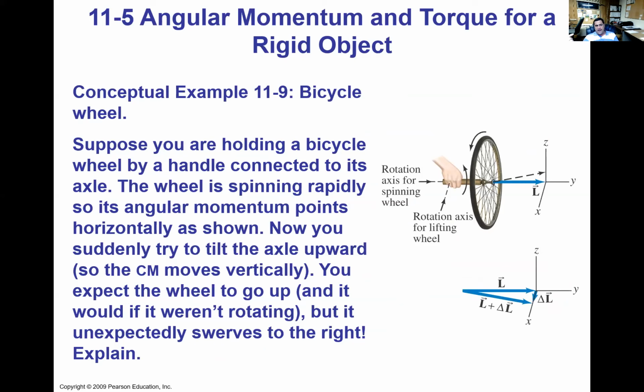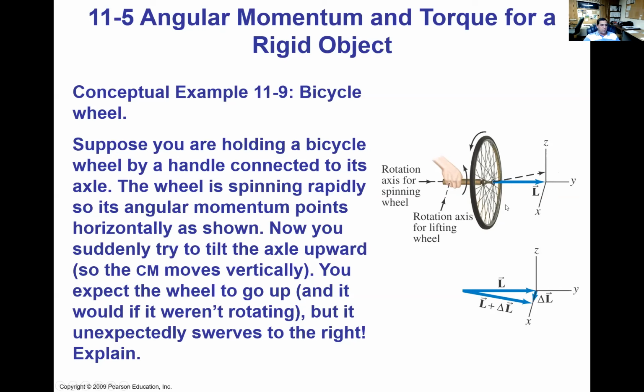If you're looking at it, it is rotating clockwise. It's spinning rapidly, and now you suddenly try and tilt it upwards, to create an upward motion in that Z direction.